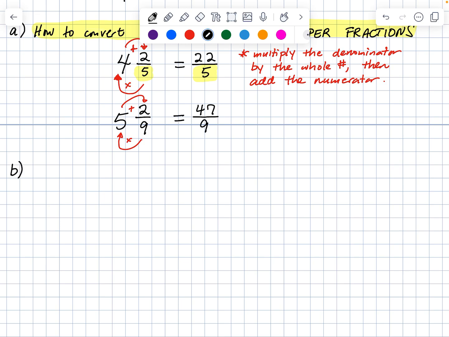Part B is how to convert the other way, which is a little bit trickier, but you are going to access your skills of long division here. How to convert improper fractions to mixed numbers.